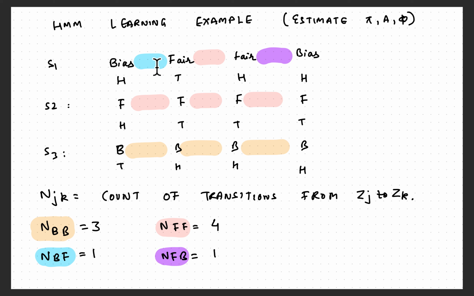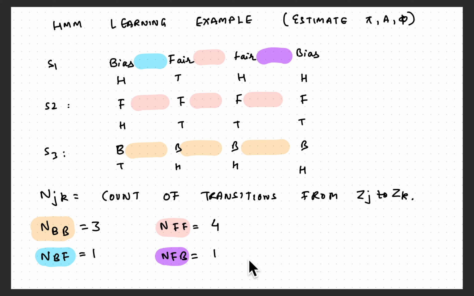There is only one such transition, and the transitions from F to F, fair to fair, I have shown in this light red. So you can see that this is spanning multiple different sequences. In this sequence, we have 3 such transitions, and in this sequence, we have 1 such transition. And the number of transitions of going from fair to bias is 1.